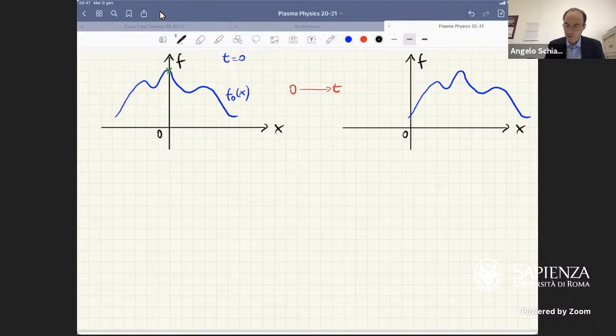So if we look for the distance traveled by the peak in time t, it is this distance here. And this distance is just v times t, where v is the characteristic velocity of the function.